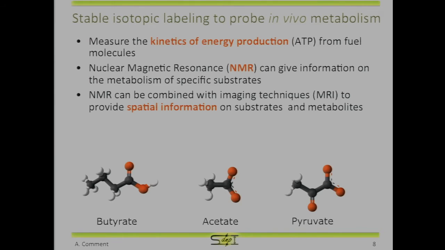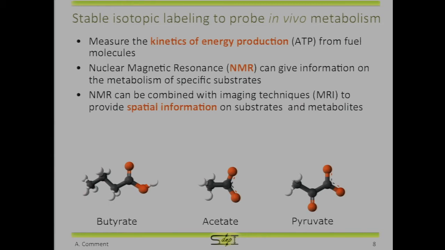So now, it's all nice, but how can you actually probe this process in vivo? This is where NMR becomes handy, and we're going to see if we can see the kinetics of this energy production in vivo.